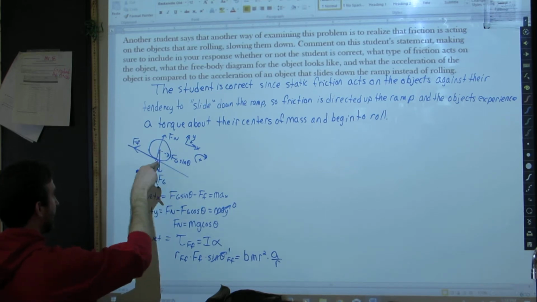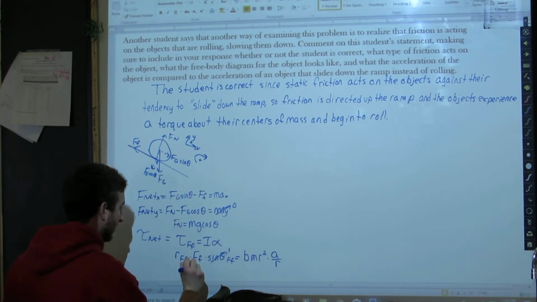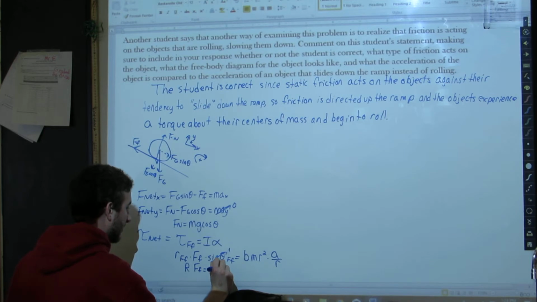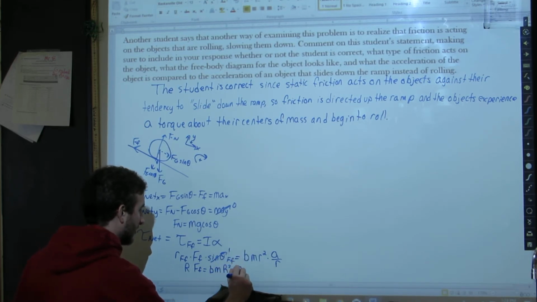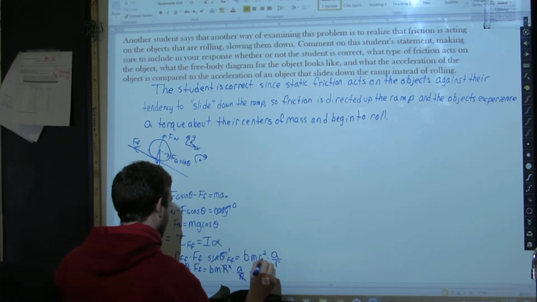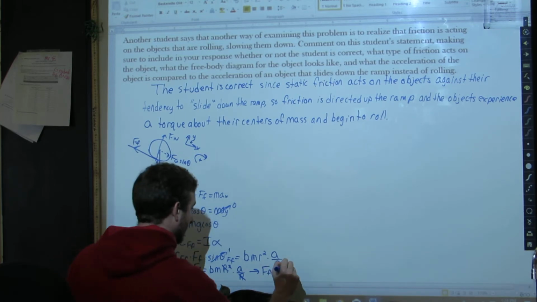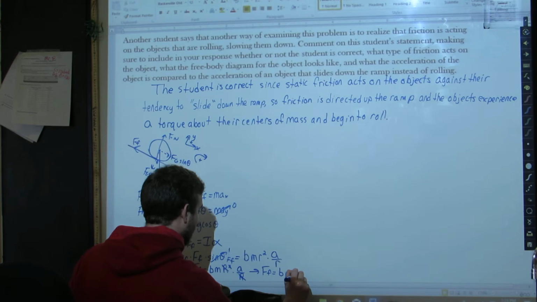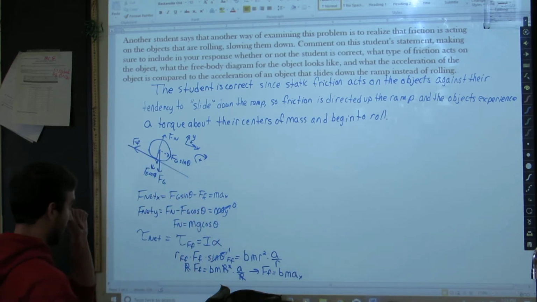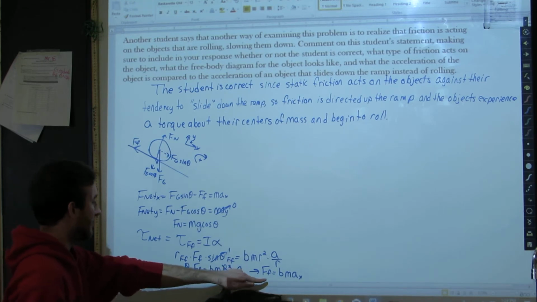The distance that the force acts from the axis of rotation is the radius of the object. R times FF equals b m, radius of the object, times acceleration over radius. The r's will all cancel out. I am left with the force of friction equal to that coefficient times the mass times the linear acceleration, ax.